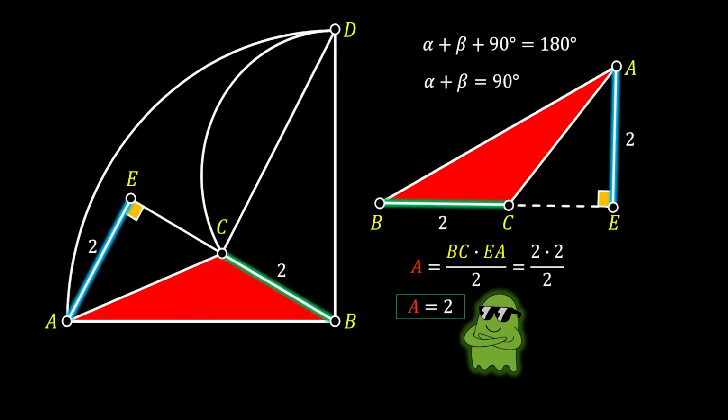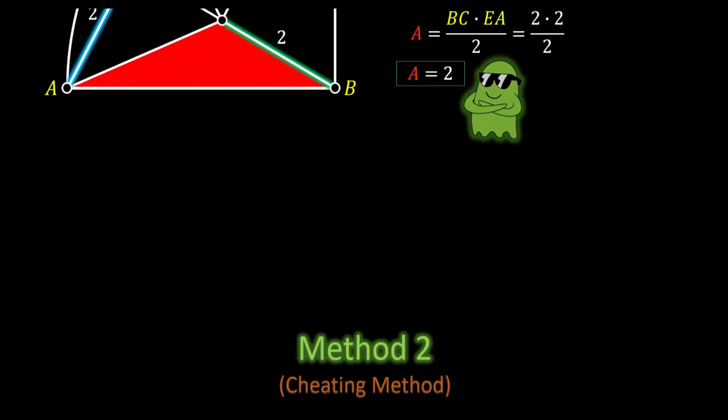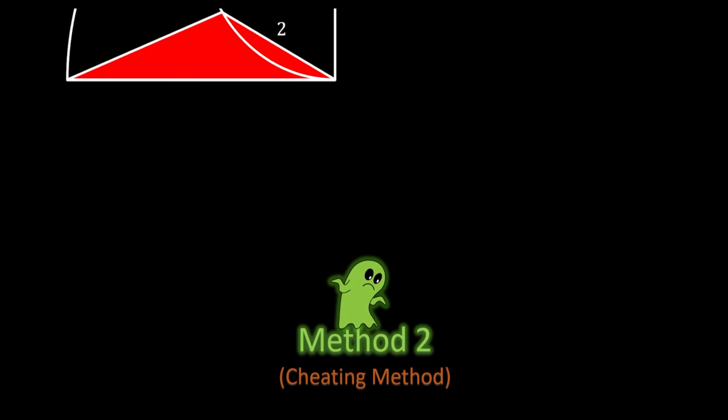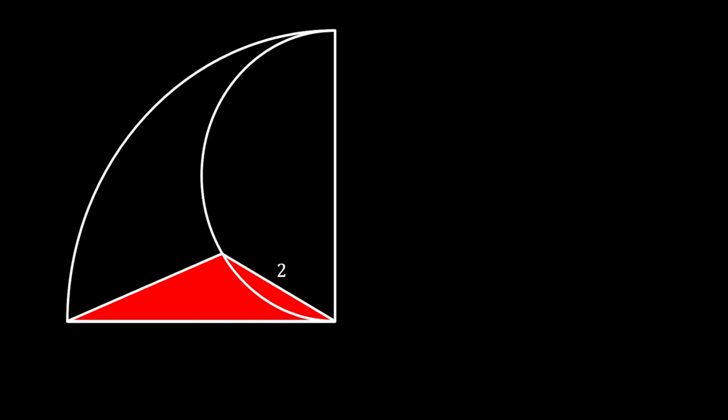Alright, now let me show you how to solve this problem in no more than 5 seconds by using a little bit of geometric cheating. So, in order to do this, you just have to notice one thing, that the apex of our red triangle is actually an arbitrary point on the arc of the half circle.